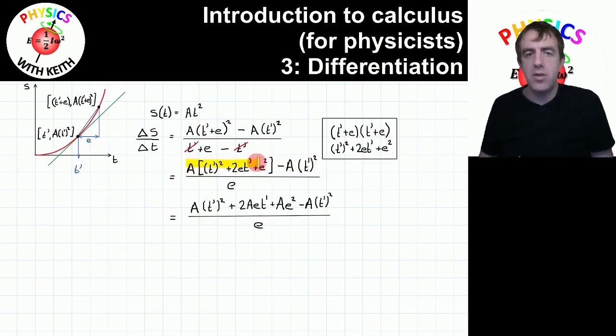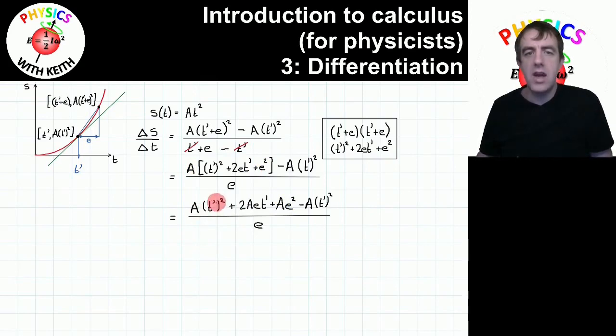Now we can multiply out this part here, multiplying each of those terms by a, and that gives us this term across here, which was multiplied through that part by a. A times t prime squared is a t prime squared. A times 2e t prime is 2ae t prime. And a times e squared is ae squared.